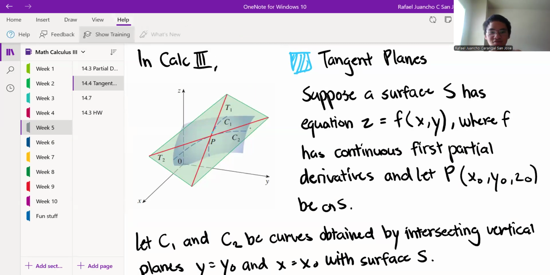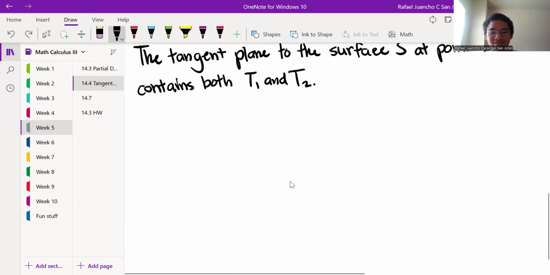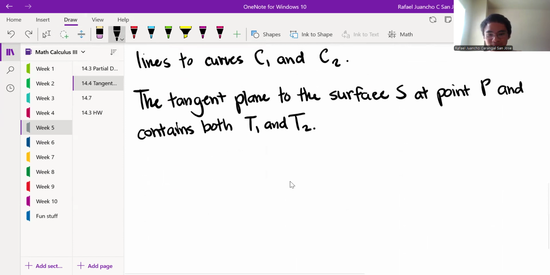And so I'm saying these red lines, right? Well, they're literally on the tangent plane at point P on surface S, right? Okay.